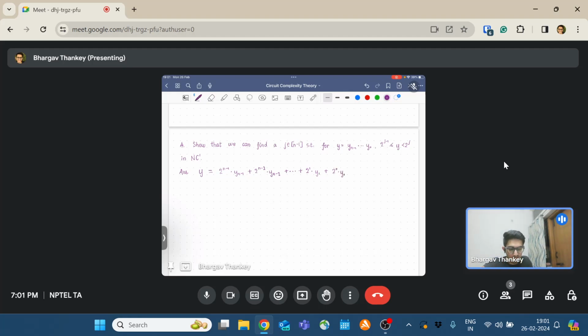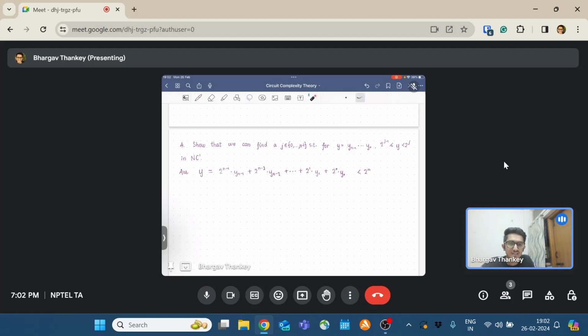First of all, we know that y is always going to be less than 2 to the n, because even if y0 to yn minus 1 were all ones, the number would be 2 to the n minus 1. So this we already know. So we know that j can only be in 0 to n minus 1.